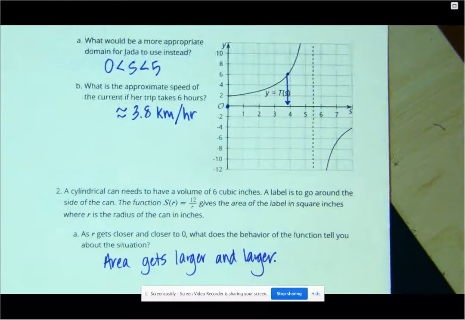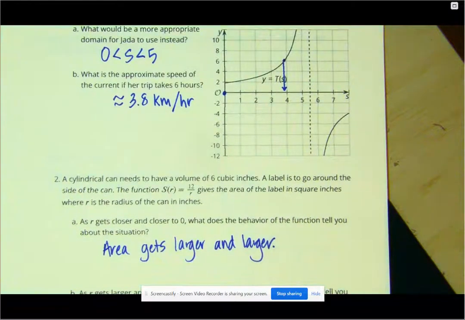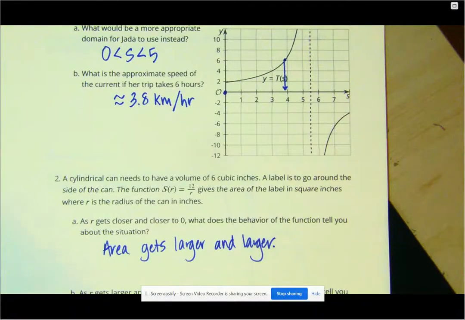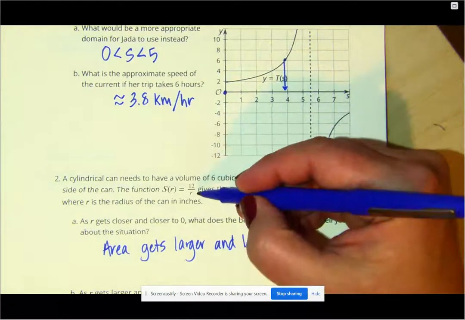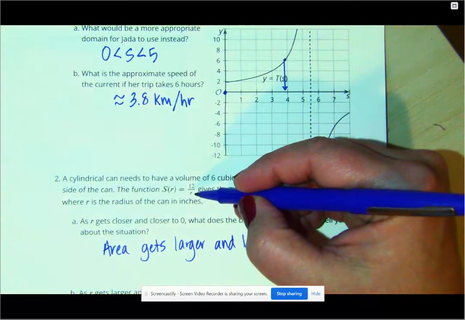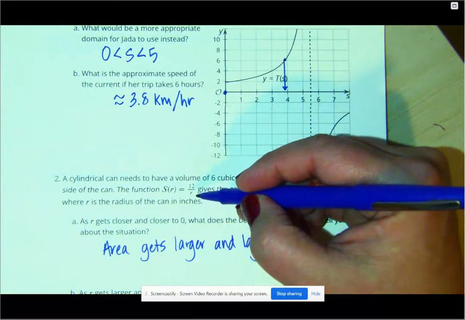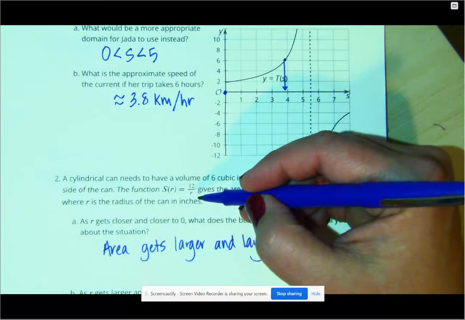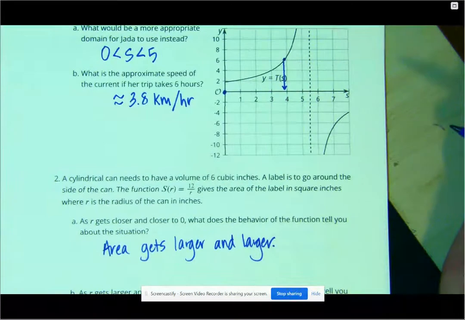As R gets larger and larger, what does the end behavior of the function tell you about this situation? So as I continue to put larger and larger numbers in here, what's going to happen? It's going to get closer and closer to 0. And you could convince yourself, again, with a calculator, you could take 12 divided by 100, 12 divided by 1,000, 12 divided by 10,000, and you're going to see that.